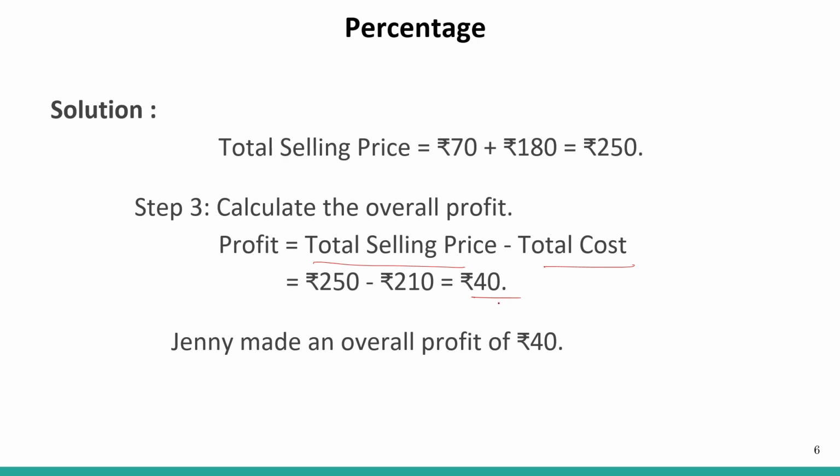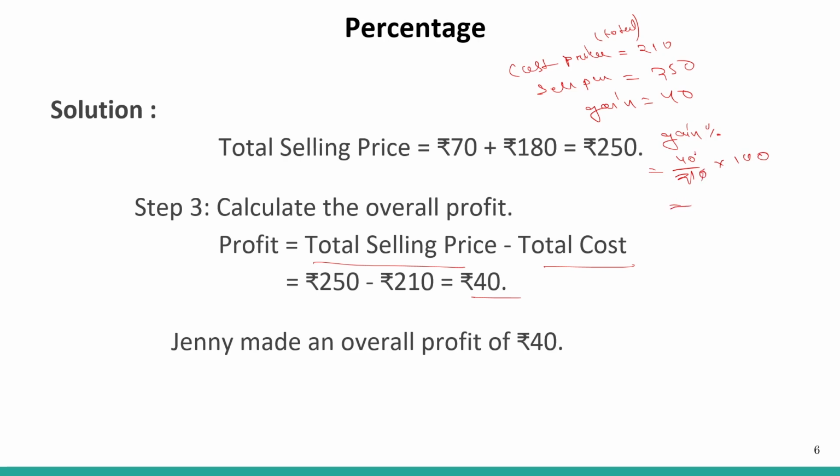Let's see how much 40 is of 210. Basically the cost price is 210 in total and the selling price is 250. So let's see the gain percentage or profit percentage. It will be 40 by 210 into 100.